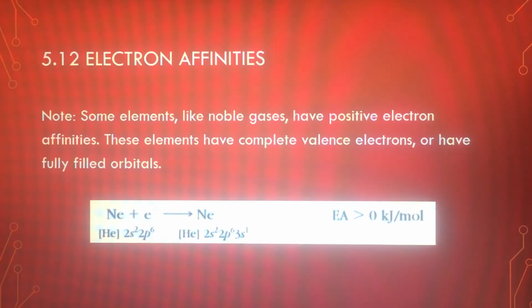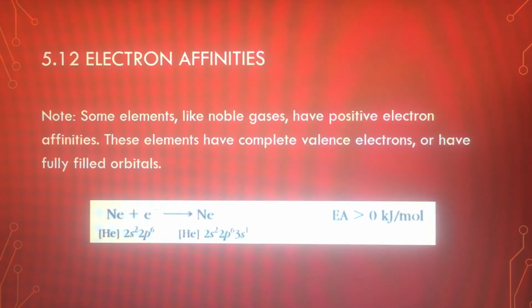Therefore, if we add an additional electron, it will be on the next main energy level, which is farther from the nucleus. Neon, for example, has a positive electron affinity.